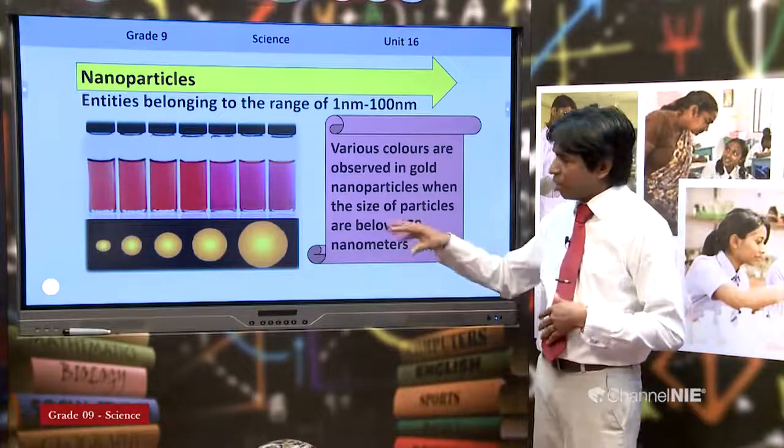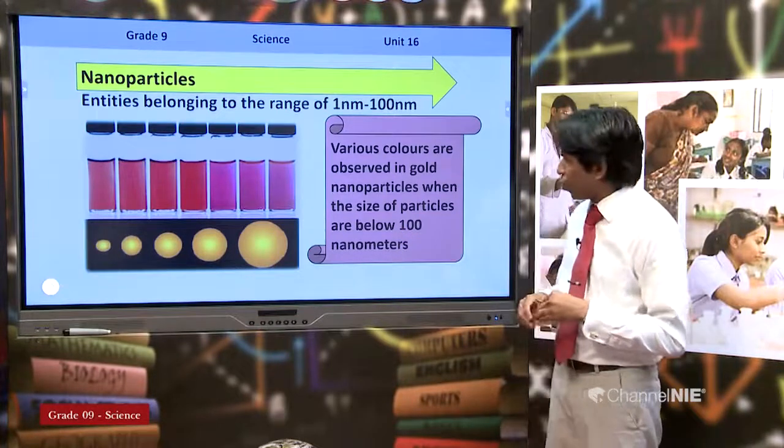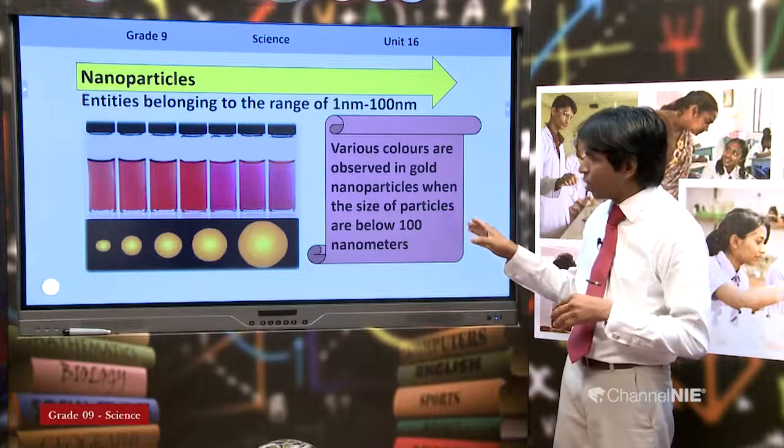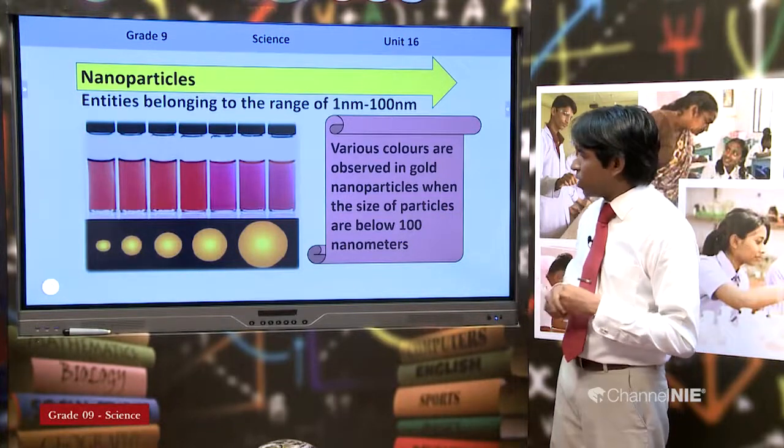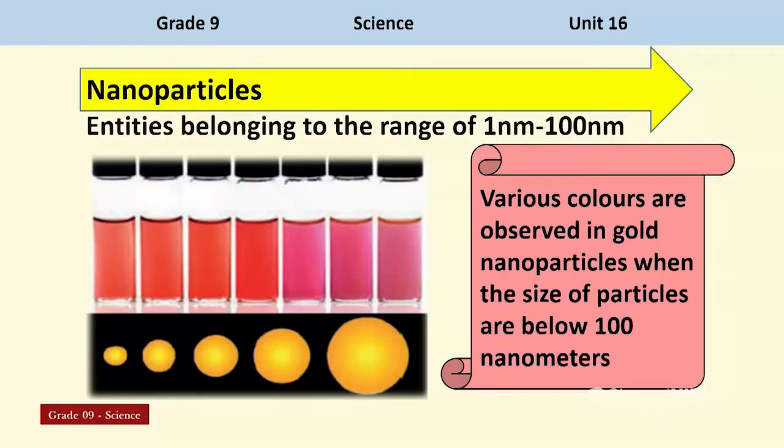You can see here gold nanoparticles. Various colors you can observe because these gold nanoparticles have a particle size below 100 nanometers. When the particle size changes, the color of the gold changes, but if you take gold in bulk form, it is yellow.